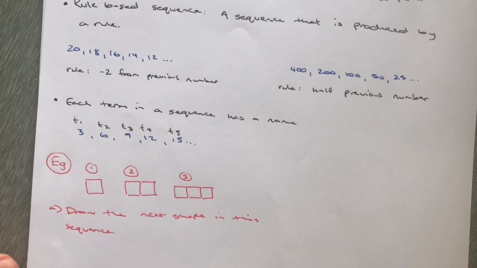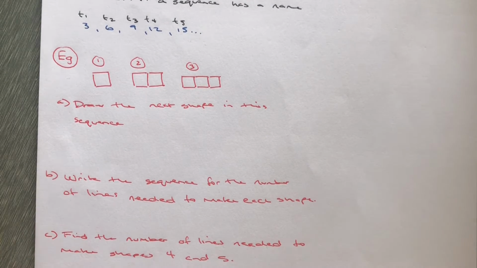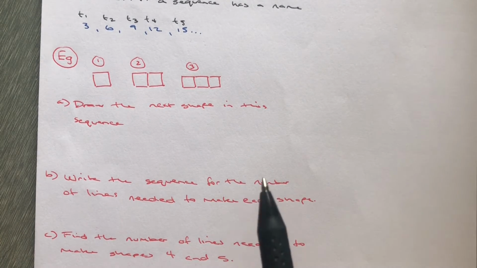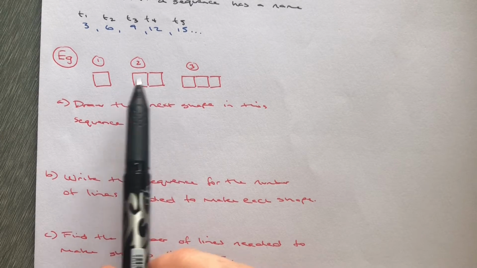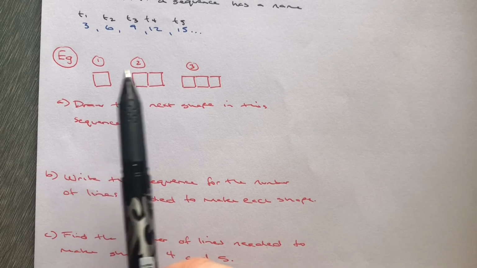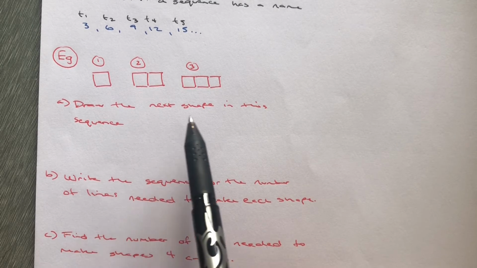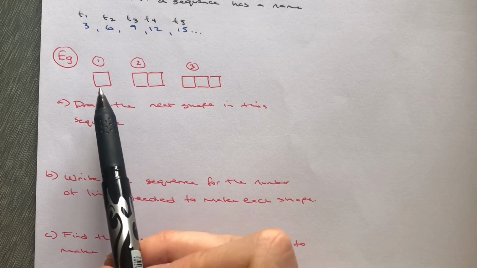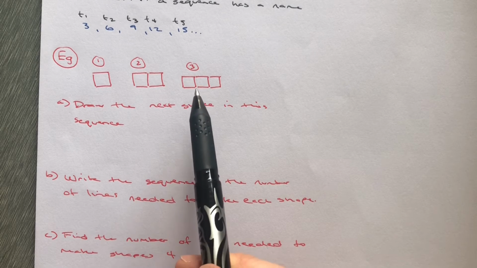Let's have a little bit of a look at some questions that are similar to what you might have to do. What we have here is a little bit of a pattern. We've got one shape, next shape, the next shape. For question A, it wants us to draw the next shape. Hopefully we can see that the first shape's just one square, second shape's 2 squares connected, third shape's 3 squares connected.